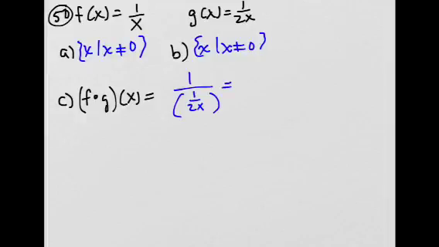So this is the same thing as 2x, because it's 1 divided by 1 over 2x, so it's 1 times 2x over 1, just like I did on number 49. So the domain for this composition, for the same reasons as 47 and 50, would be all x such that x cannot be 0, because we came in without a 0 to begin with.